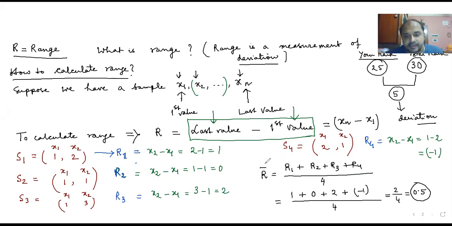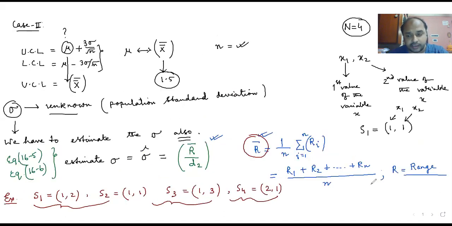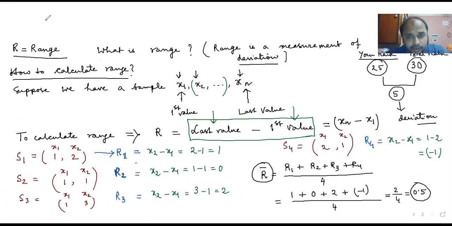So R bar has been calculated. It is 0.5. And if you can recall, before the sudden disconnection, I calculated my X bar. The grand mean, which is the estimate of mu, was calculated, and the value obtained was 1.5.